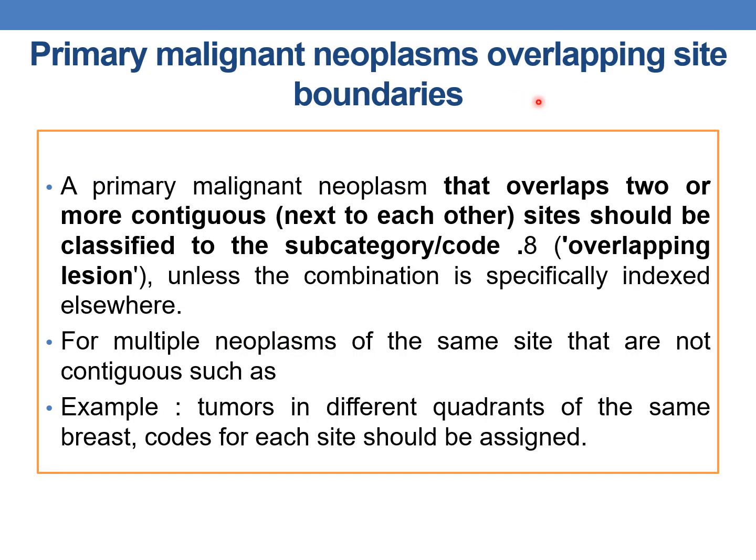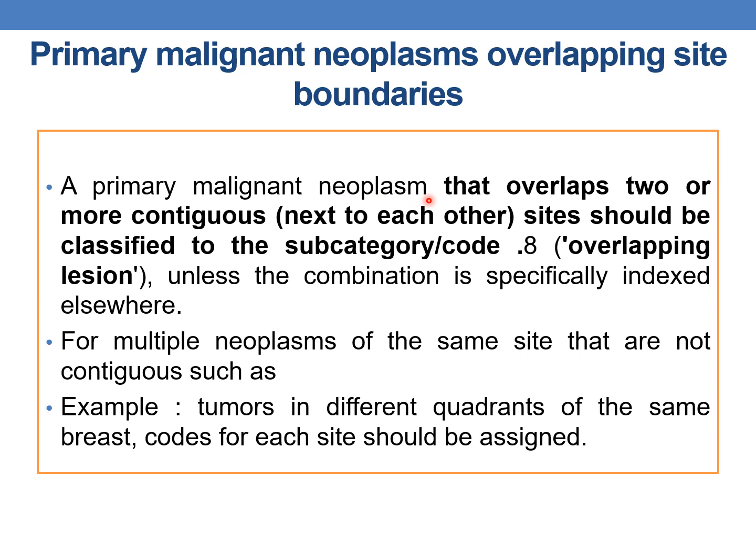Now, primary malignant neoplasm overlapping site boundaries. A primary malignant neoplasm that overlaps two or more contiguous sites, that is, sites next to each other, should be classified to the subcategory .8, overlapping lesion, unless the combination is specifically indexed elsewhere.